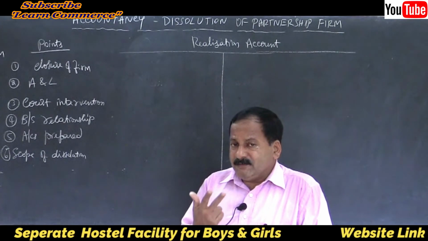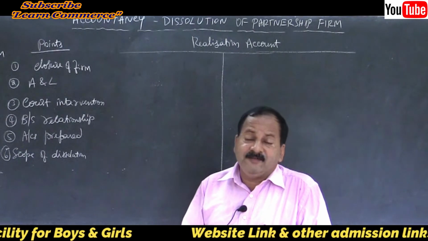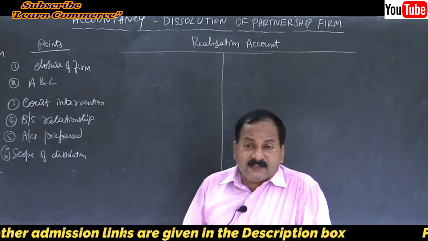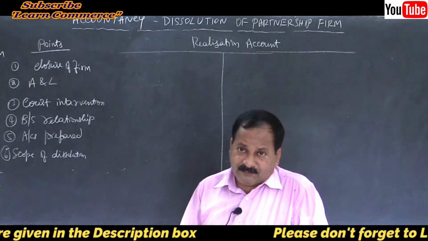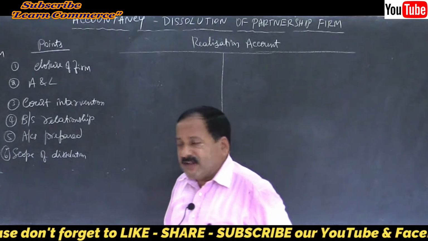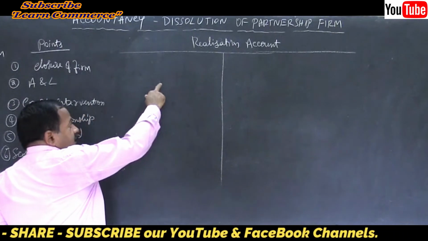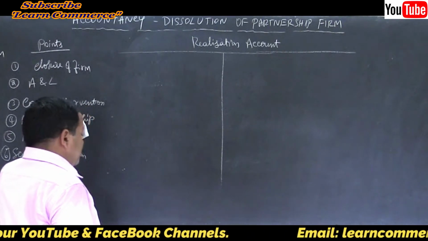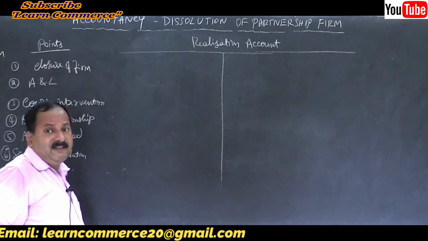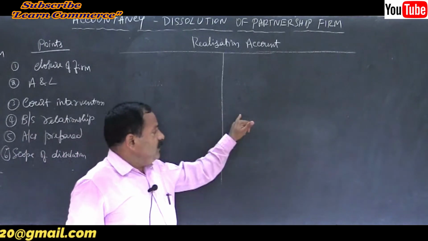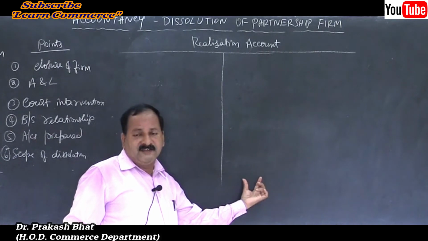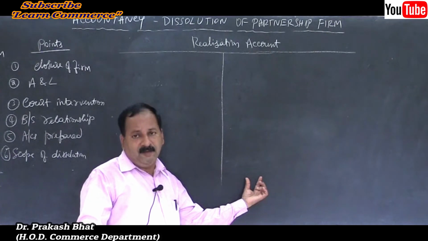If such assets are there in the balance sheet, which are called intangible assets, you must transfer it to realization account at the beginning, and while realizing the assets, you will enter on the credit side by bank, assets realized.